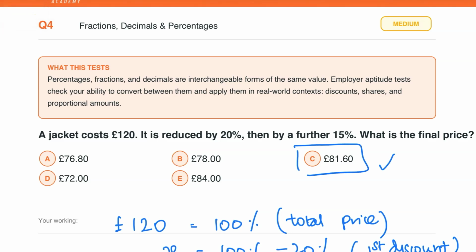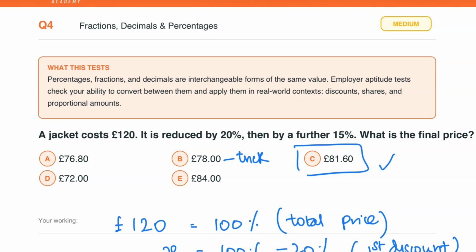Follow the steps very clearly. Now remember, option B is 78 pounds. That is what you get if you add the two discounts together. This is the trick answer. If you add, for instance, 20 plus 15 and you get a total of a 35% discount from the original price of 120 pounds, you will get 78 pounds.